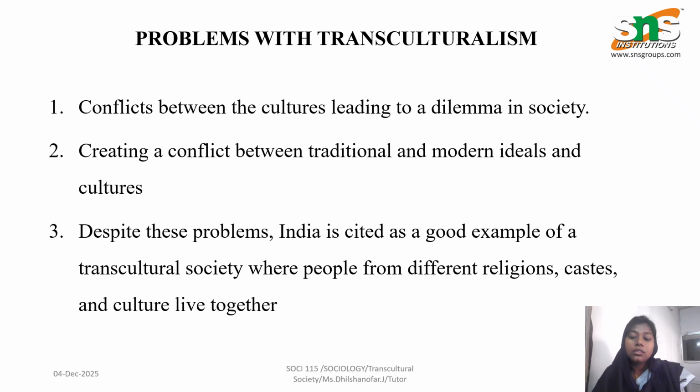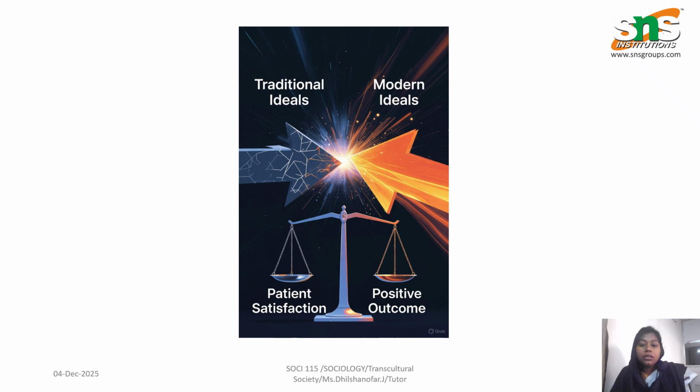So mostly this problem could be avoided, but still, because they believe in their culture very strictly, these conflicts may arise. So traditional ideas and modern ideas are the main thing which bring conflict together. When a nurse is very clear and particular about the cultural ideas, it could help her to make the nursing process better. Thank you.